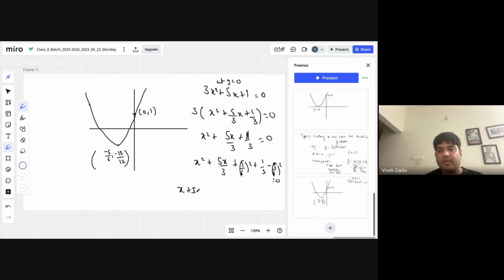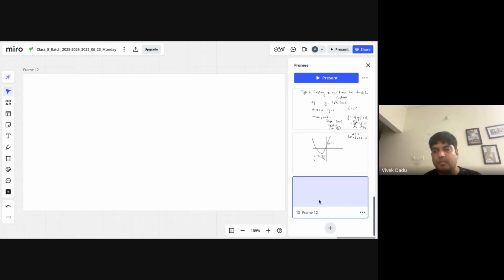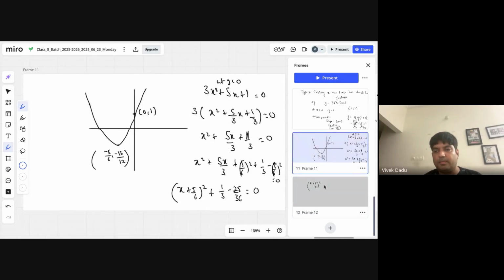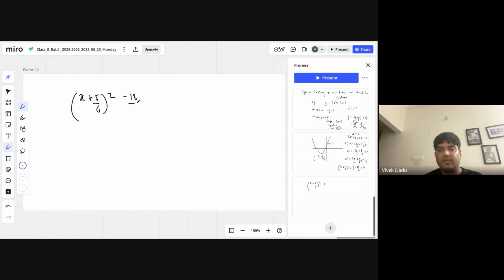So you get x plus 5 by 6 whole square minus 13 by 36 equal to 0. So x plus 5 by 6 whole square. Mind it, there is a minus sign here, which is important.